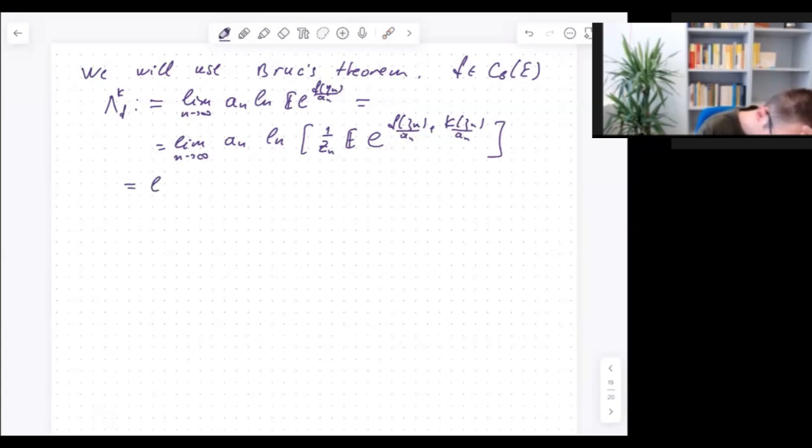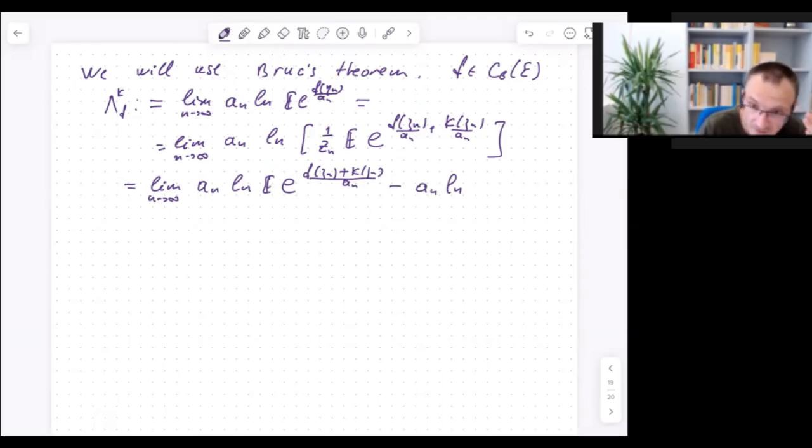It is the limit as n goes to infinity of an logarithm of the expectation of e to the power f psi n plus k psi n divided by an, minus an logarithm of Zn, which is just the expectation of e to the power k psi n divided by an.